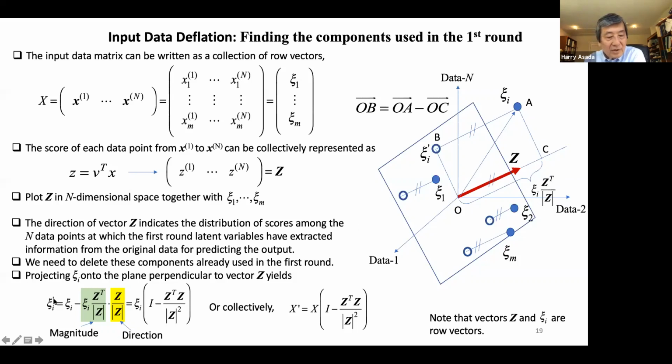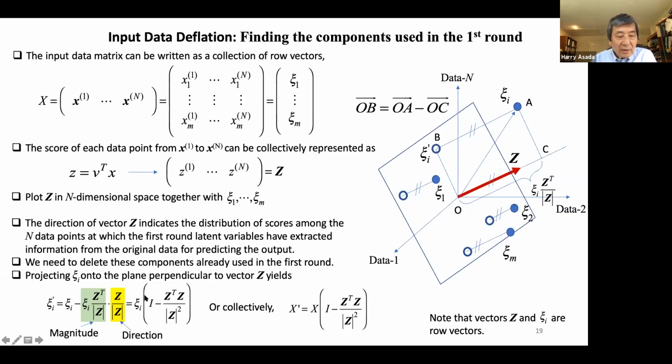Therefore, let's look at this. Ci prime, which is mapped to this one, is the original Ci minus this, which is actually the magnitude of OC, and then this is the direction of this vector OC in terms of the unit vector. If we multiply these two, scalar times vector, and subtract that from Ci, that's actually Ci prime.